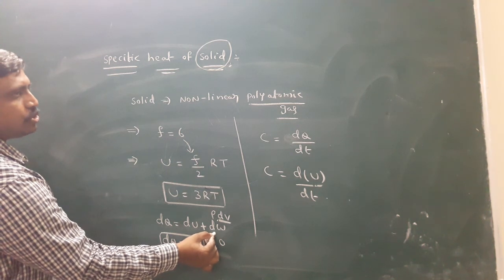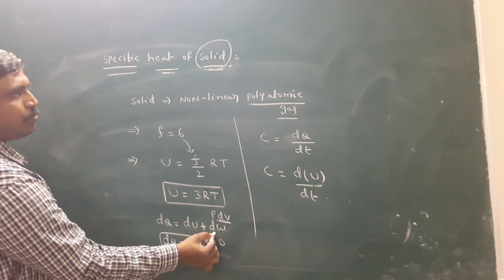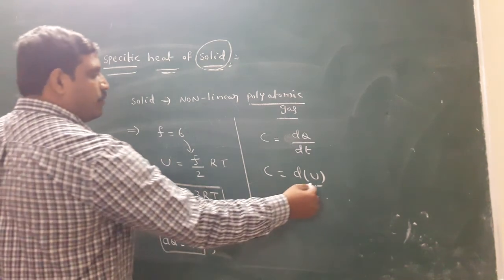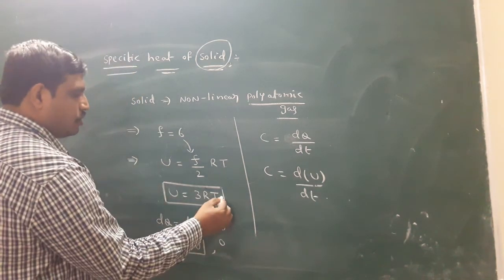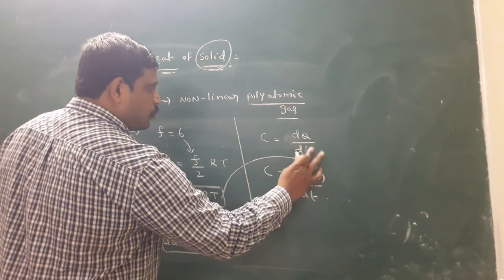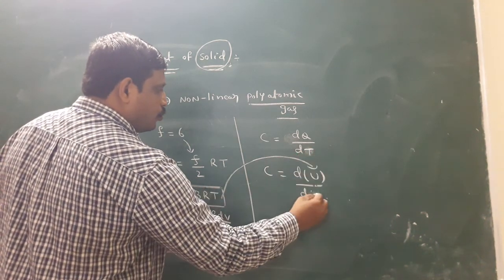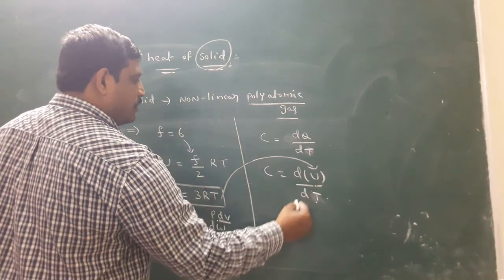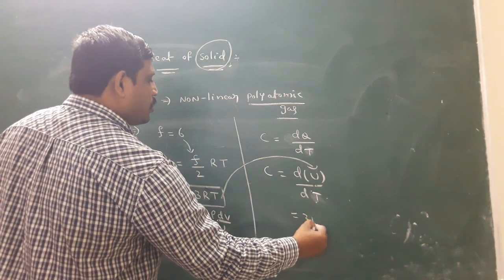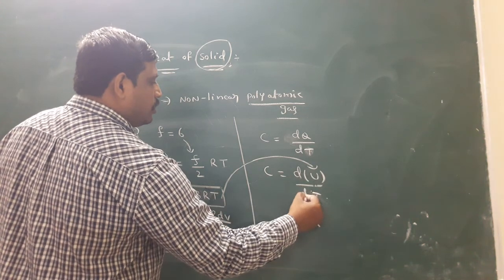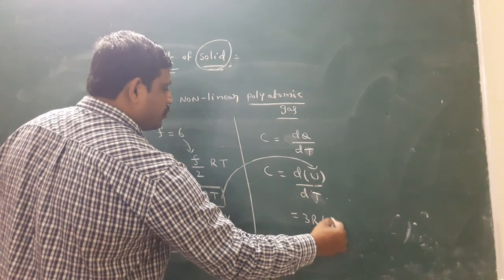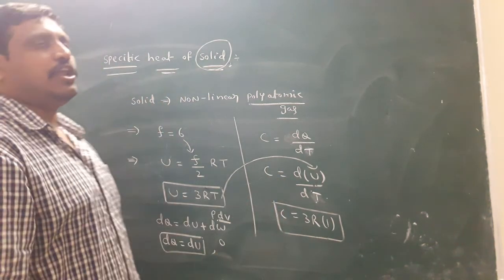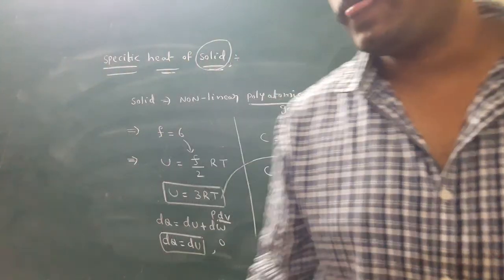Work becomes 0 in the first law of thermodynamics. dQ equals dU. But the U value is 3RT. Here R is a constant. dT cancels, it becomes 1. Simply, the specific heat of the solid is 3R.